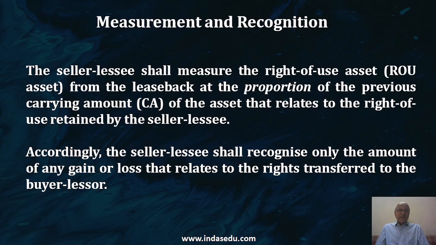If 80% is retained, 20% is transferred. That means gain or loss on rights transferred is calculated just like gain or loss on disposal of a non-current asset. Now, this appropriately reflects the economics of the transaction.